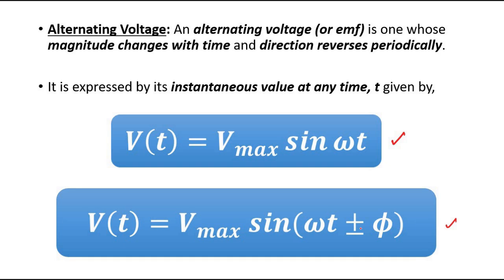Here omega t is the angular frequency multiplied with the time, and phi is called the initial phase angle.